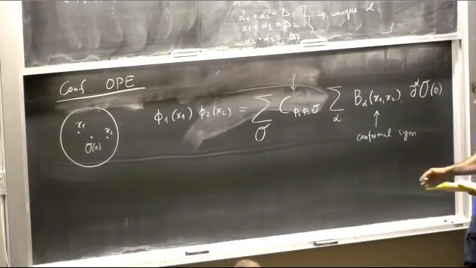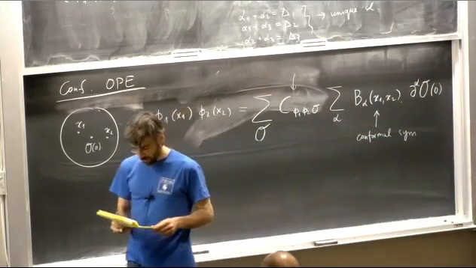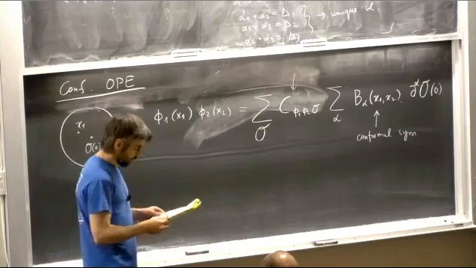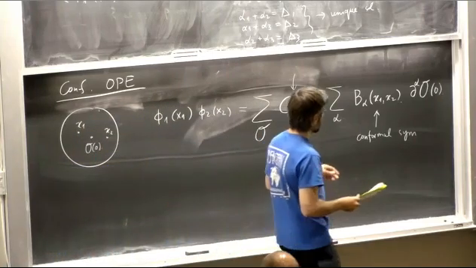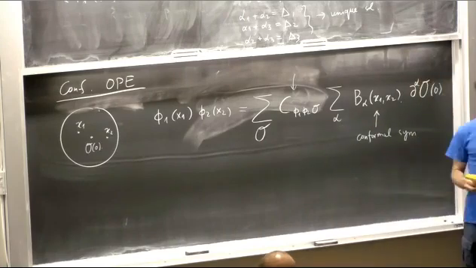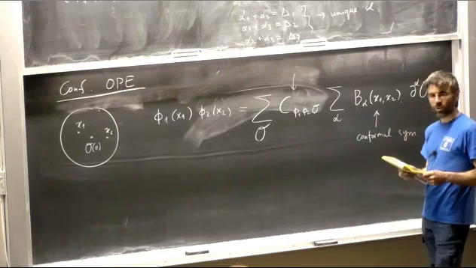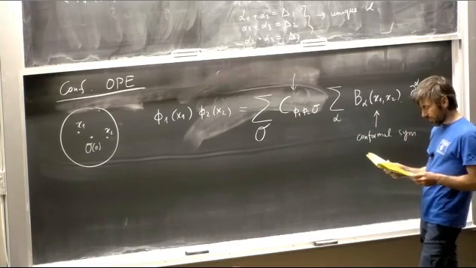To fix these you have to impose the bootstrap, crossing symmetry. But what I would like to discuss now is how to convince you that these functions B alpha are really fixed by conformal symmetry.